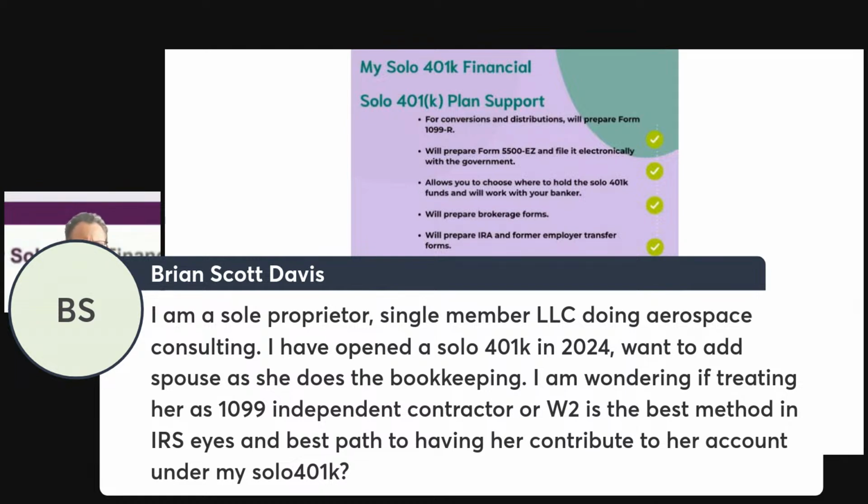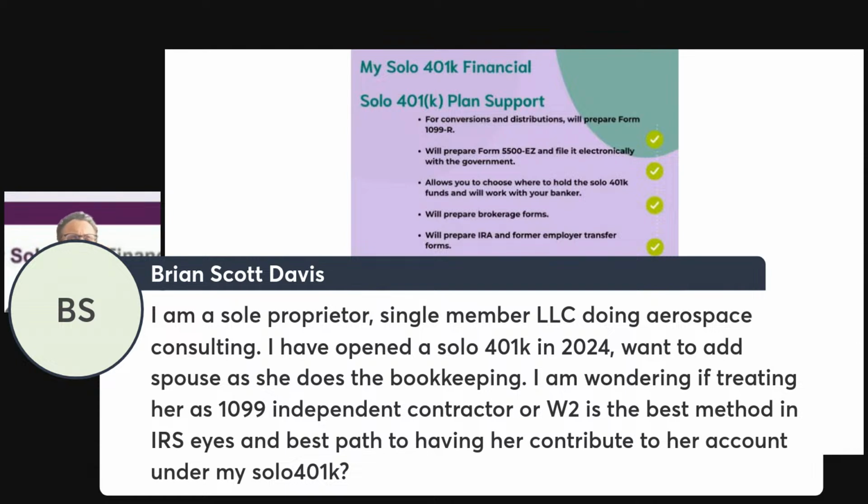So typically when it's a LLC that's taxed as a sole proprietorship, then your spouse would get added to the plan if she's not on the plan already. And then she would file a separate Schedule C under that LLC.